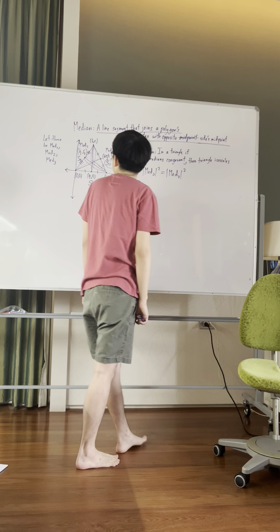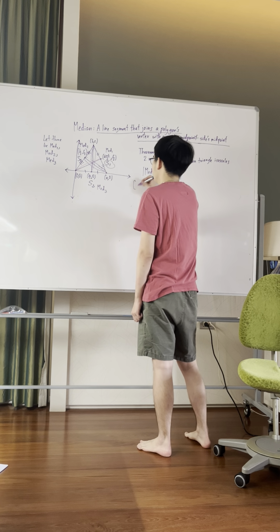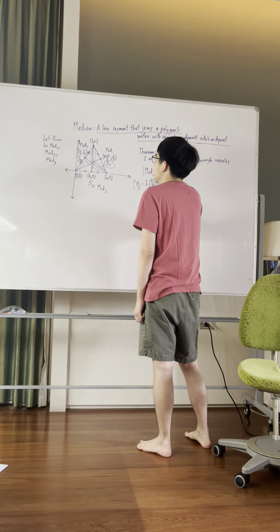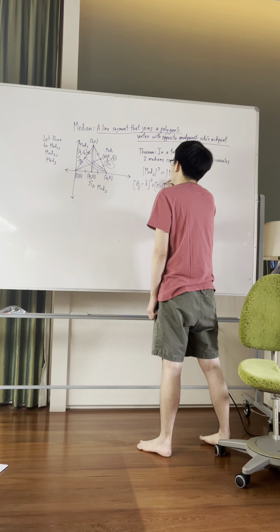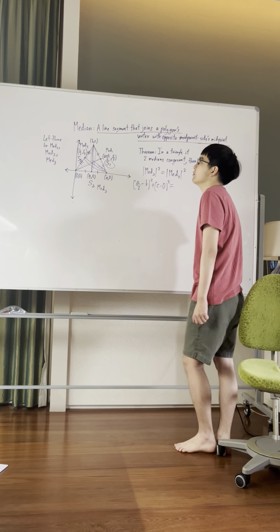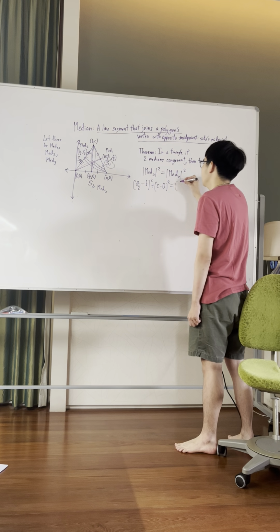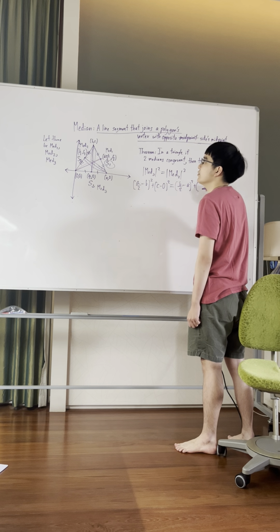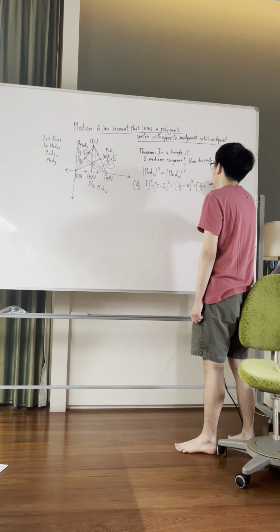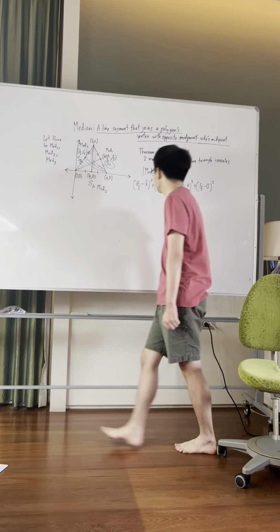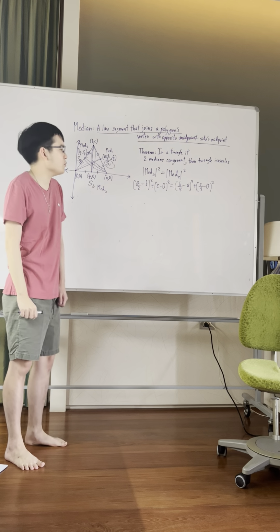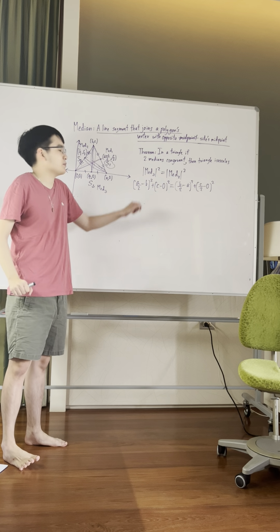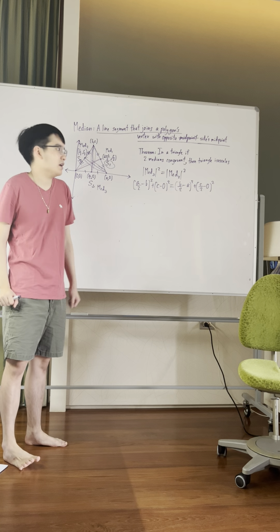So median 3: (a over 2 minus b) squared plus (c minus 0) squared. And now for median 2, that's going to be (b over 2 minus a) quantity squared plus (c over 2 minus 0) squared. We don't have to be very careful about the order that we put them inside the squares, because the square of a negative is going to be a positive.